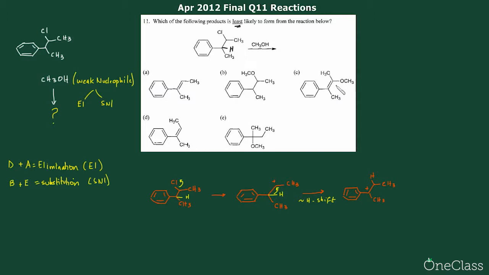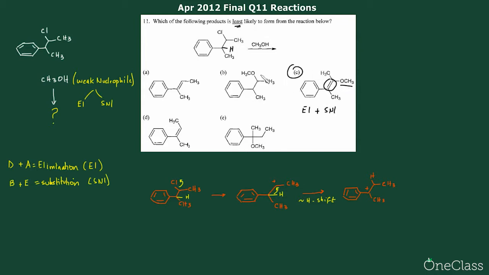What is really interesting about answer choice C is that not only do you have a methoxy group, but you also have a double bond. So you're not only having E1, but you're also having SN1, which is really not possible. With SN1, either you just substitute or you just eliminate. Because both things are happening at the same time, this is the least likely to take place.